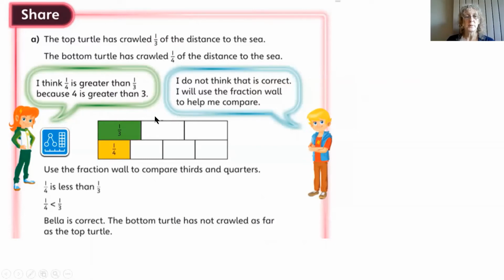These are fractions, so we can see where here he has used the fraction rule to compare. So he's compared, and you can see that a third is bigger than a quarter. So we can use the fraction rule to compare thirds and quarters. So we know that 1/4 is less than a third. So Bella was correct, wasn't she? The bottom turtle has not crawled as far as the top turtle.